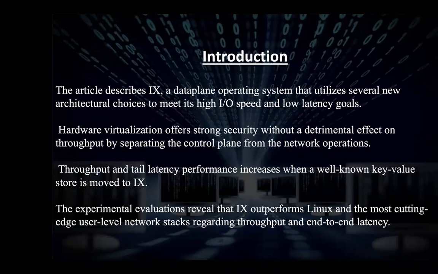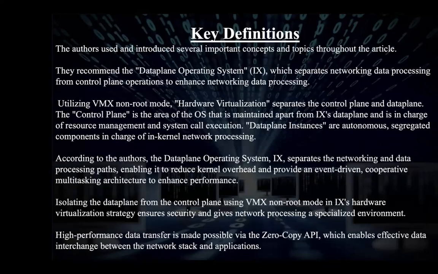Throughput and tail latency performance increases when a well-known key value store is moved to the data plane operating system. The experimental evaluations reveal that X outperforms Linux and the most cutting edge user level network stacks regarding the throughput and end to end latency.